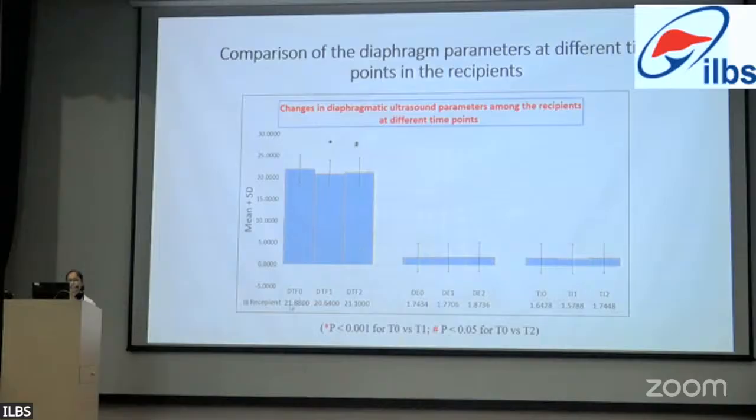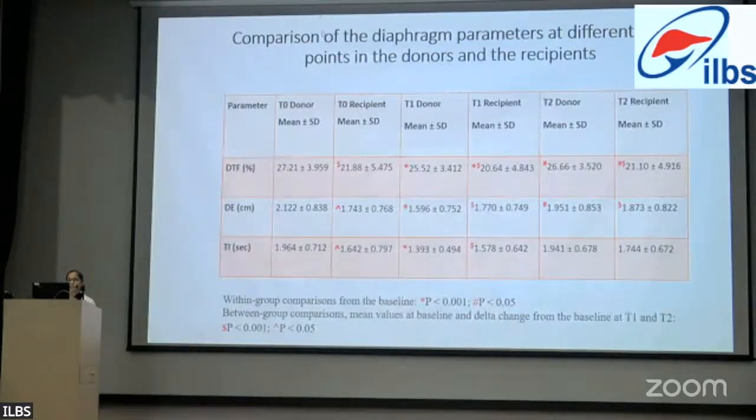It never reached the baseline values. But there is no difference noted in terms of diaphragm excursion or time to peak excursion. This table again shows the comparison of diaphragm parameters at different time points in donors and recipients.